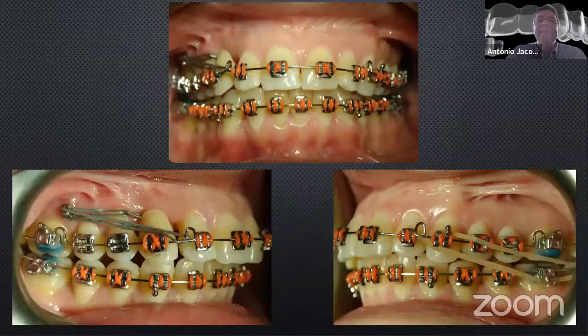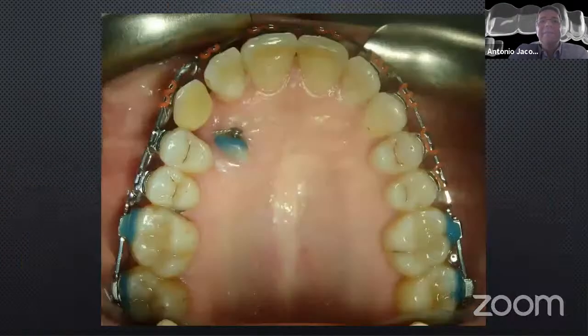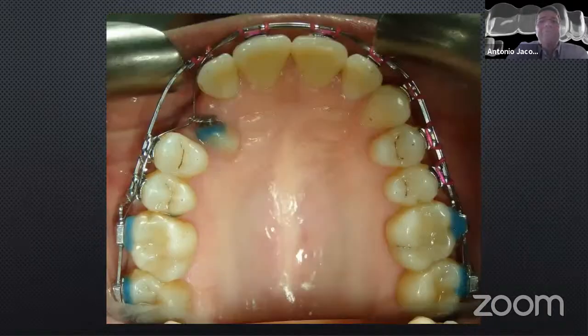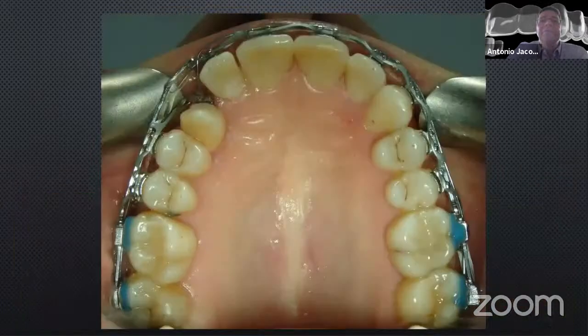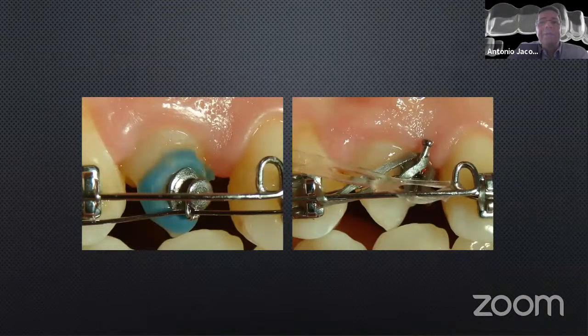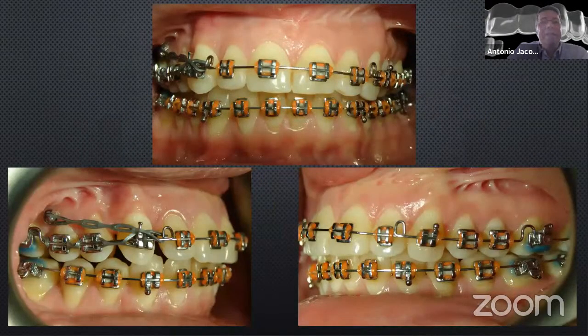You can see the midline deviation at this time, and we used the class 2 elastic on the other side to maintain the class 1 that we already have. And then the canine was appearing on the palatal side, and we brought the canine to the buccal side and bonded a bracket at this time.